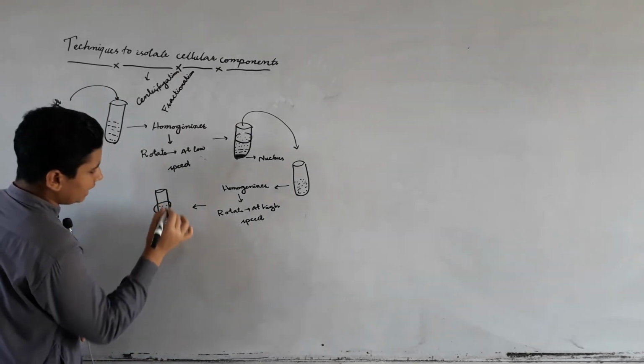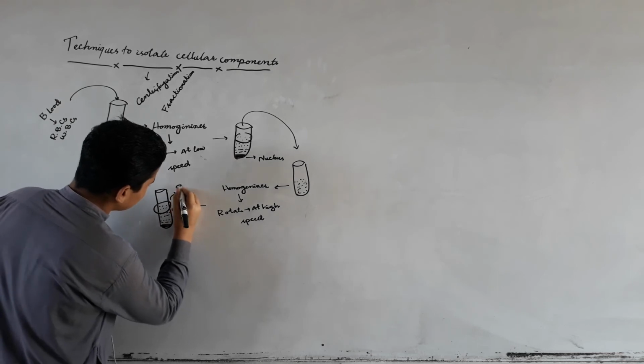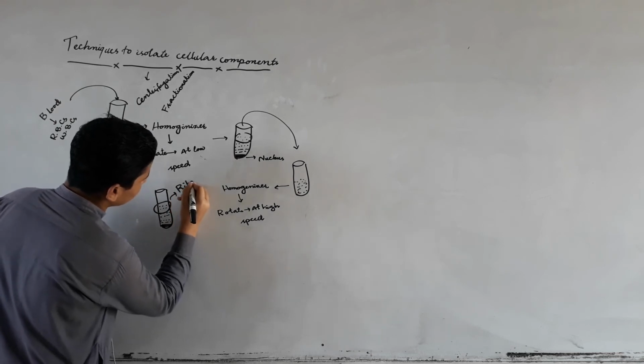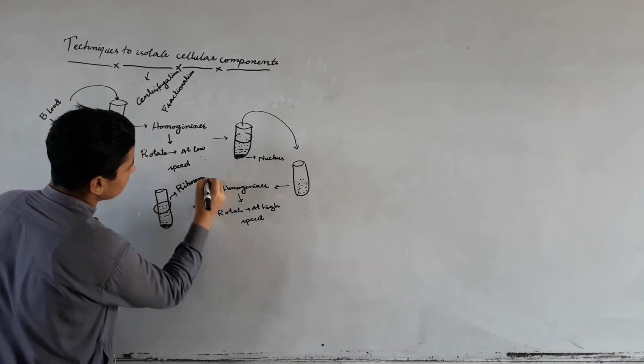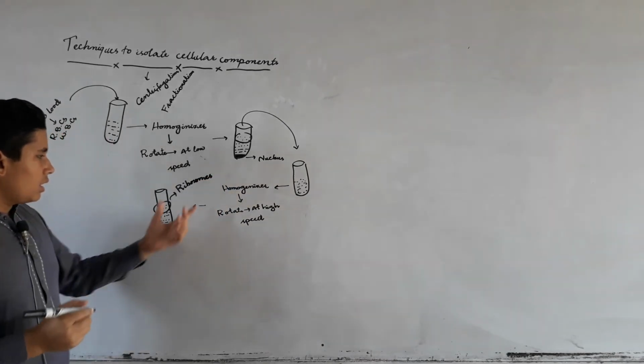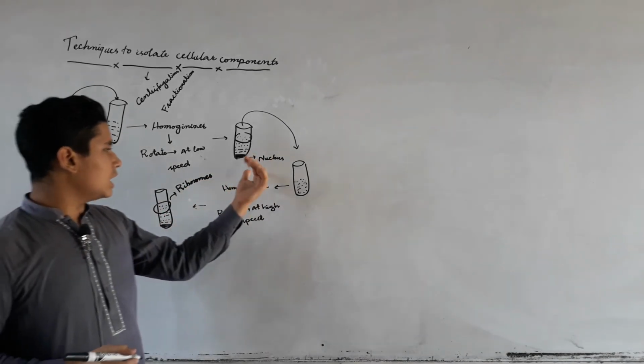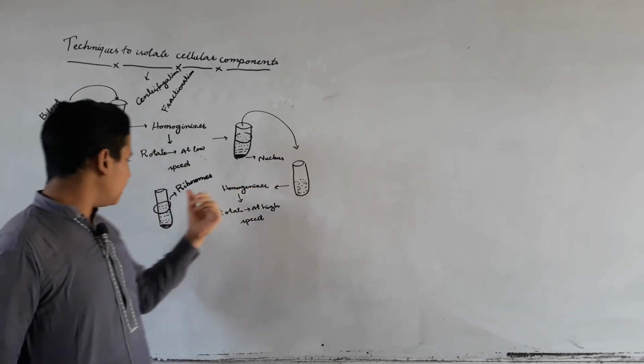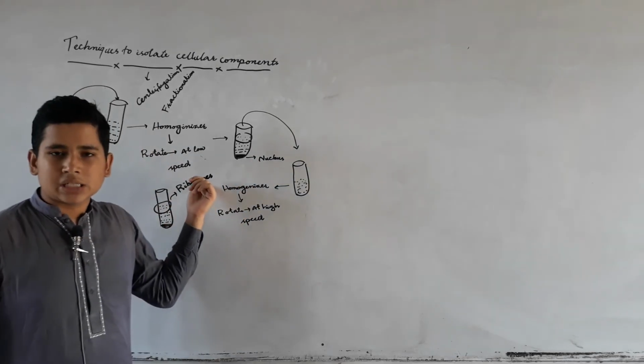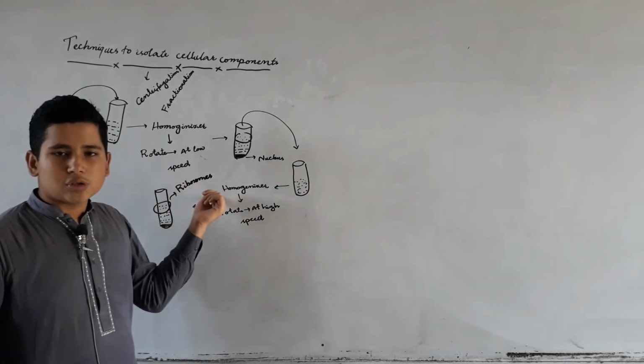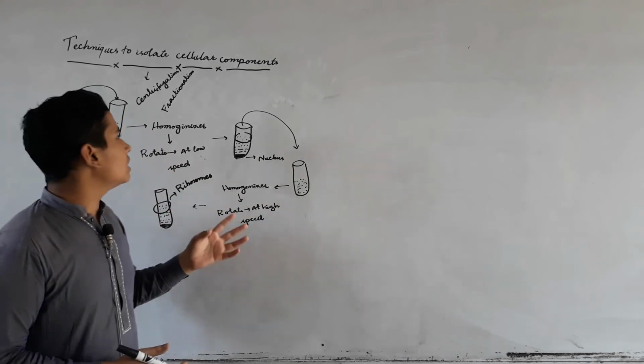This process is called fractionation. The lightest particles of the cell, like ribosomes, are at the top, and the heaviest particles, like the nucleus, are at the bottom.